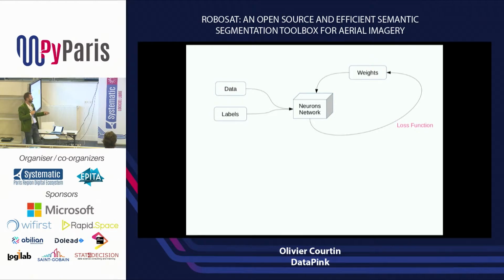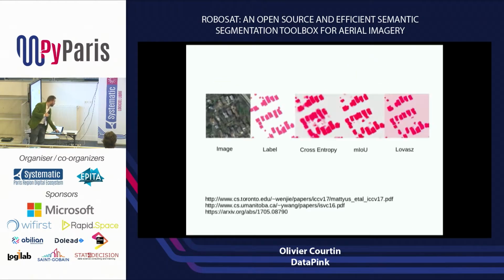The next point is the loss function. So classically, in imagery, we use a cross entropy. We provide some results, but some poor results because it doesn't use all the topological parts conveyed by the imagery.